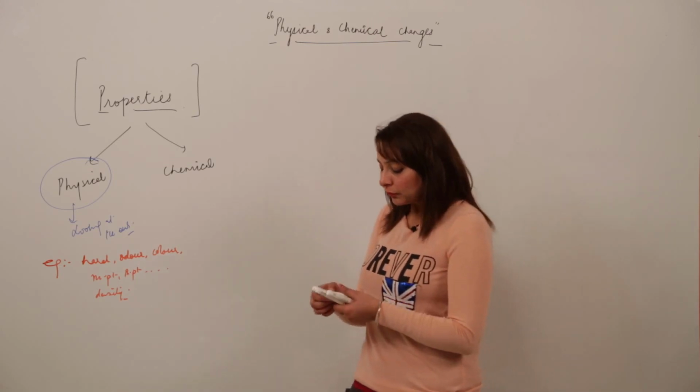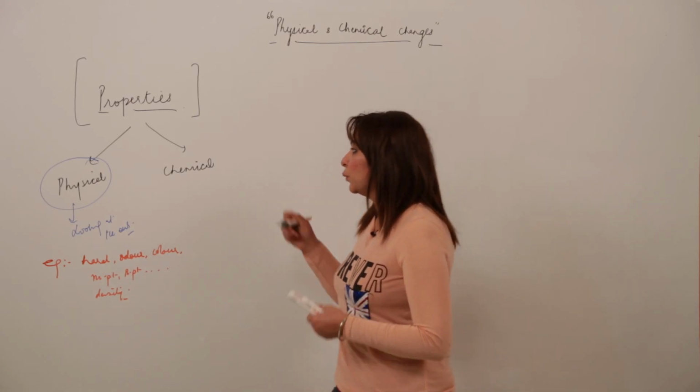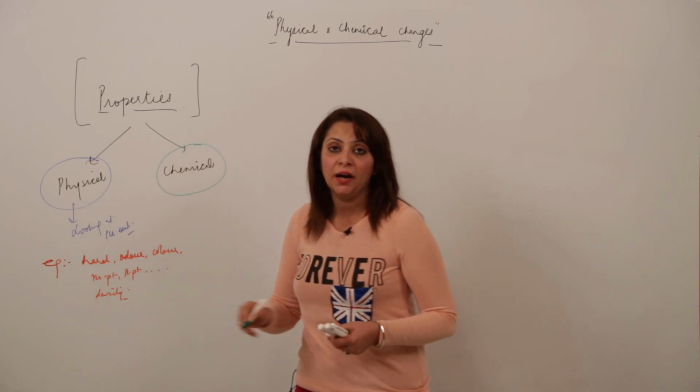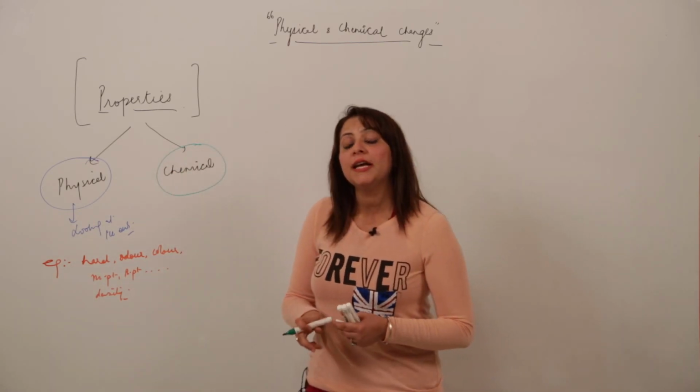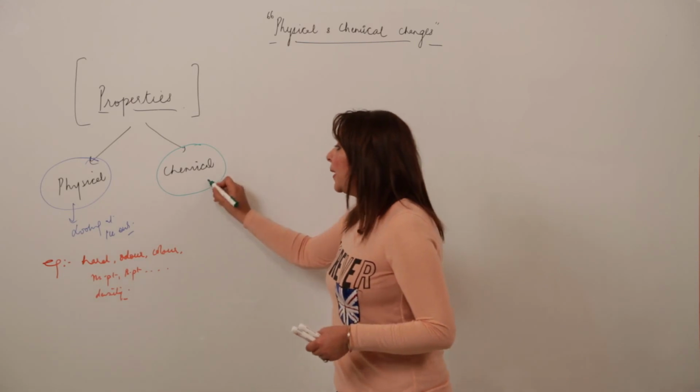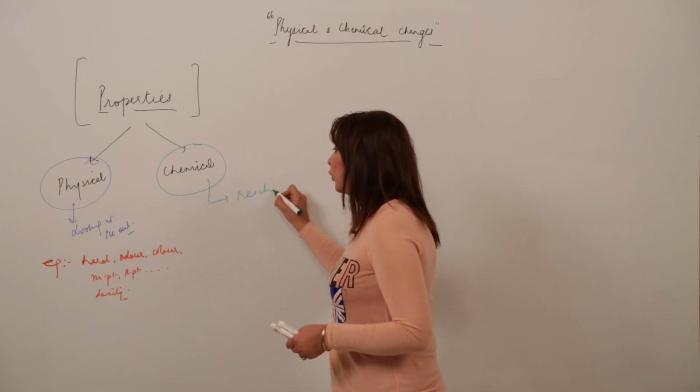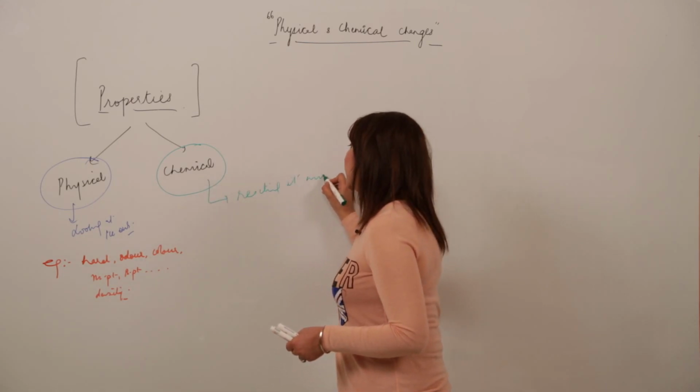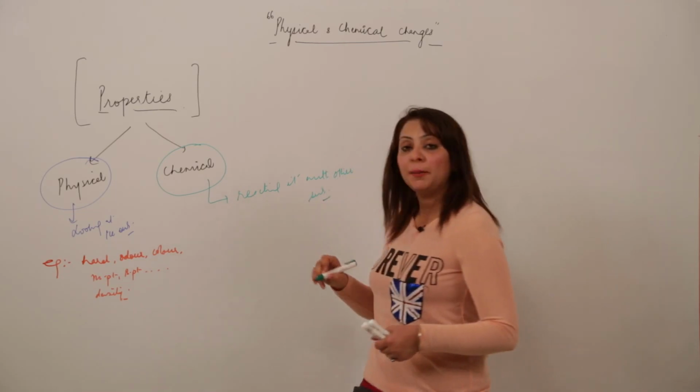Second, now we come to chemical properties. What are chemical properties? We get to know the chemical properties of a substance by reacting it with some other substance.